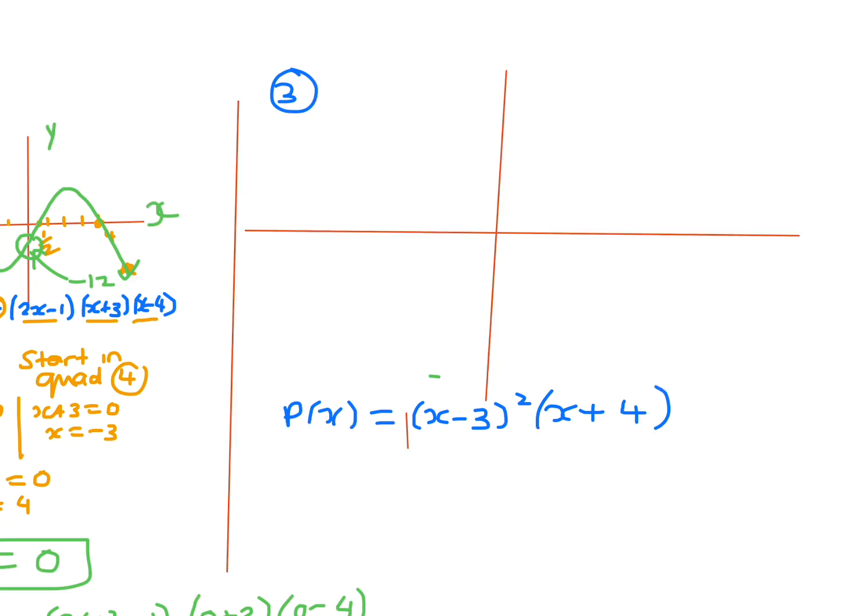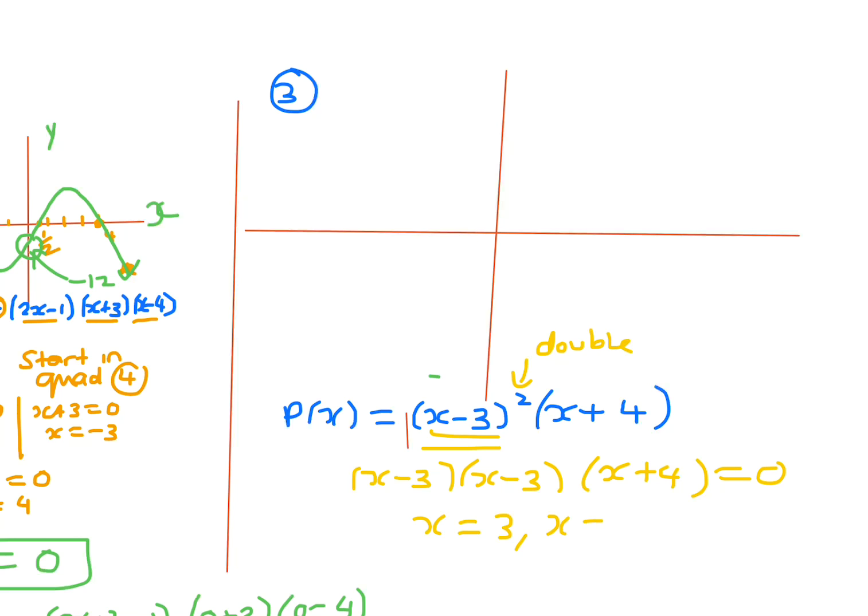Alright, so just note that one there, it has a double root, because if you have a 2 on there, you write it twice, and that's x plus 4. So that one's a double one. So when you solve that for 0, you get x is 3, and x is minus 4. So that's telling you that there is a double root at 3.